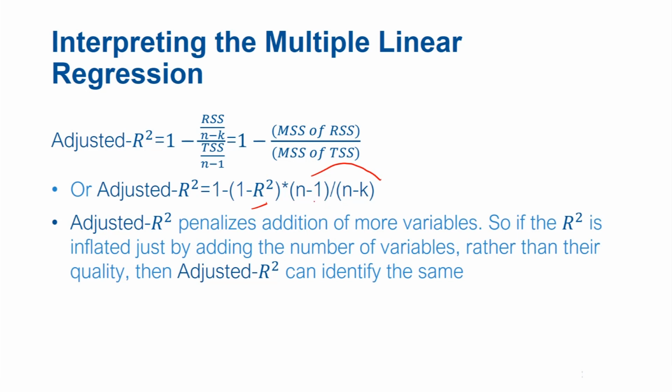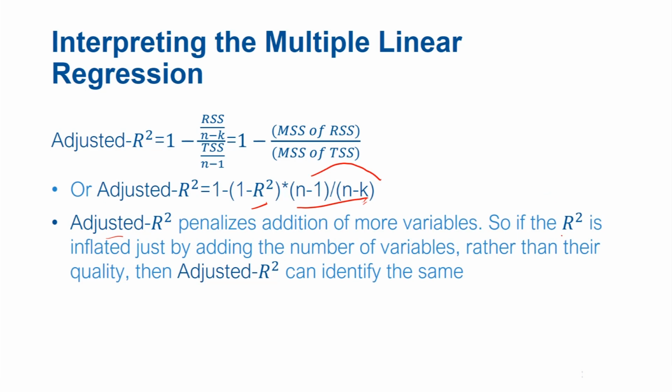That means the more the number of variables, the more the number of k's in the model, the more R square is penalized in the computation of adjusted R square. That means the more the number of k's, the lower the value of adjusted R square. So there's a certain penalty that this expression puts on R square, and therefore adjusted R square, after adjusting for these degrees of freedom, puts a certain penalty on the addition of variables.